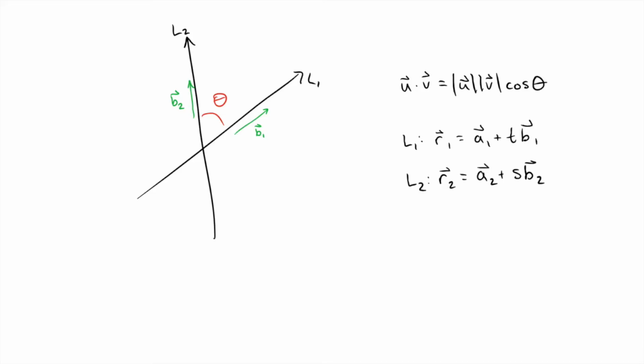So each of these lines has a position vector, a, that's going to get us onto the line in the first place, and then a direction vector, b, that tells us how to move along the line to find the other points. As far as which one of those vectors is relevant to the dot product in question, we already addressed that by saying it's the angle based on their direction vectors, so it's the direction vectors we're going to have to use with our dot product to find our angle.